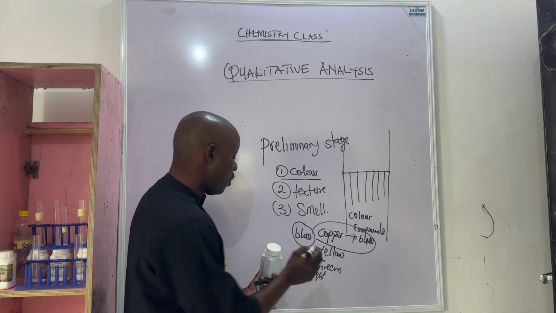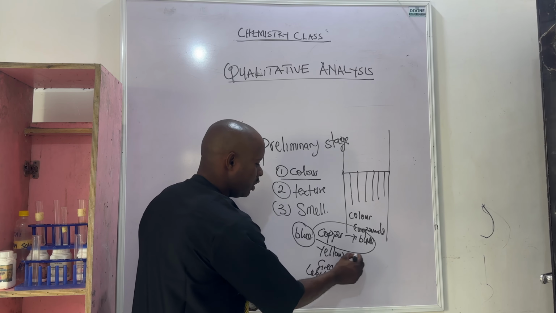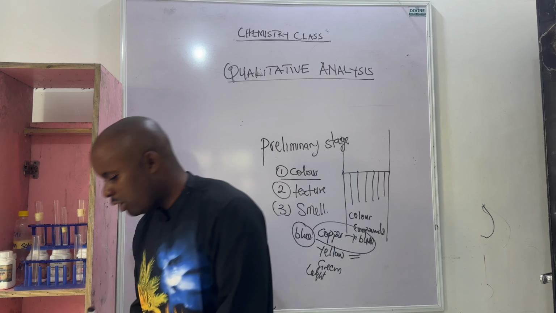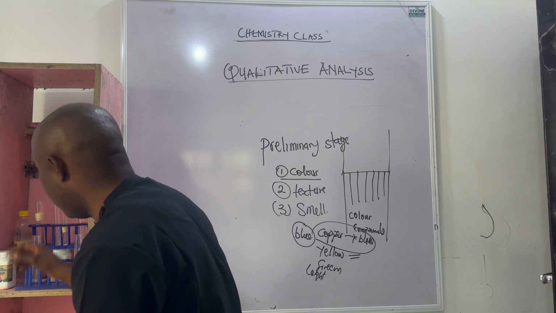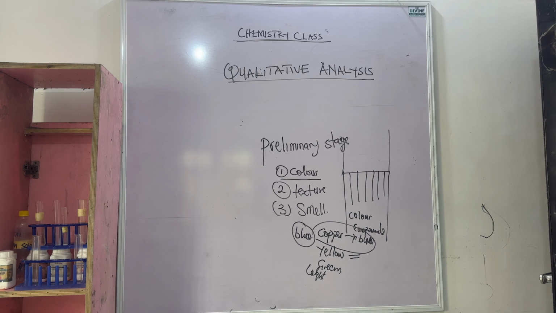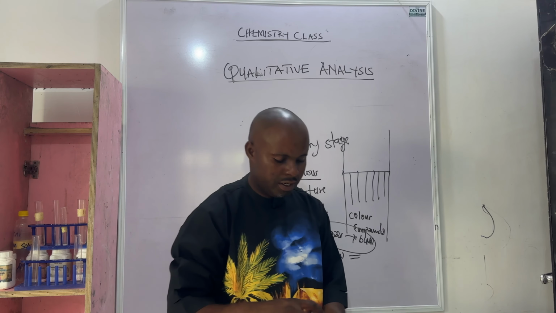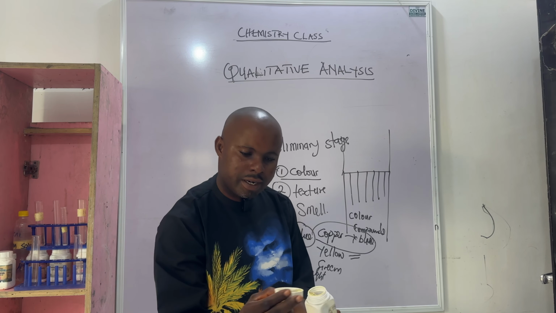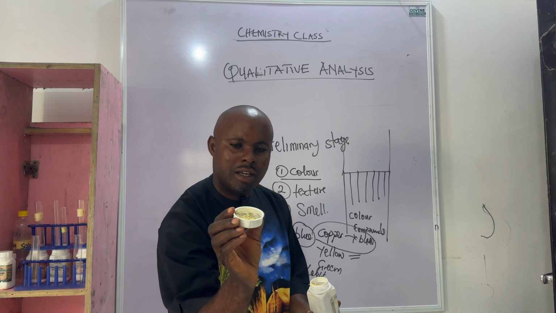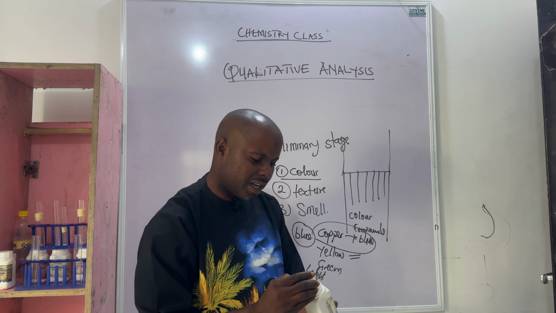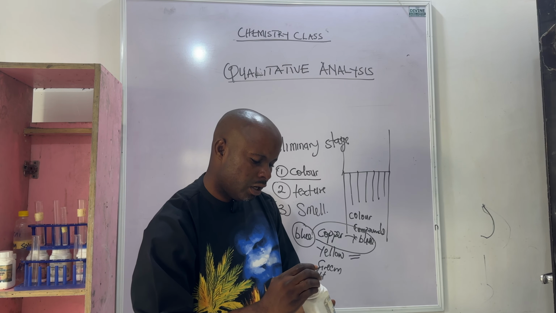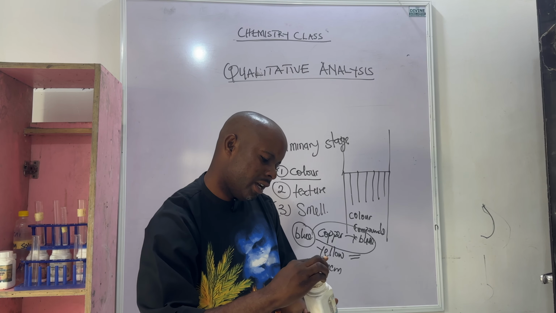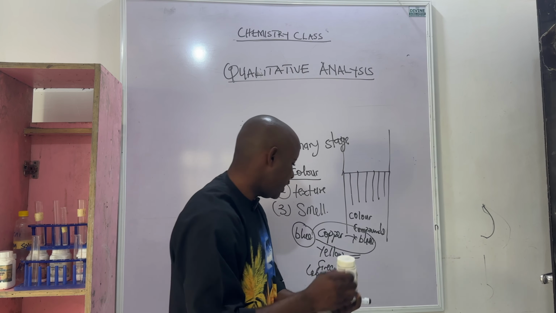So when you have a salt that contains yellow, let's use a very good example. If you have a salt that contains a form of yellow like this, I can infer that this salt contains iron.